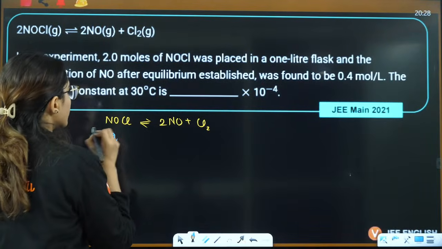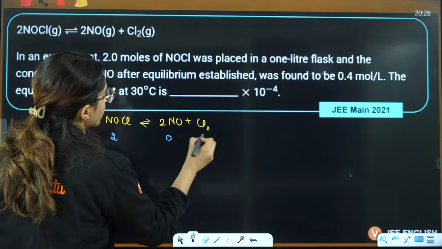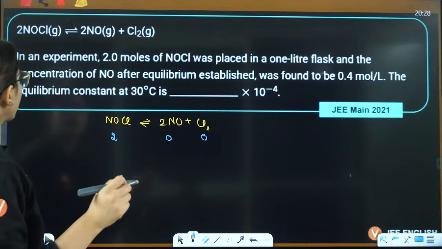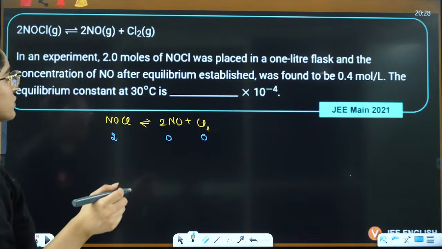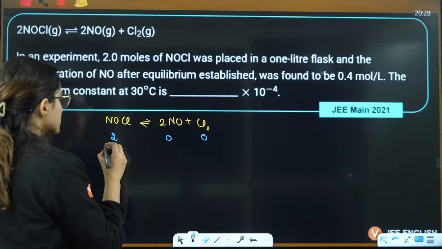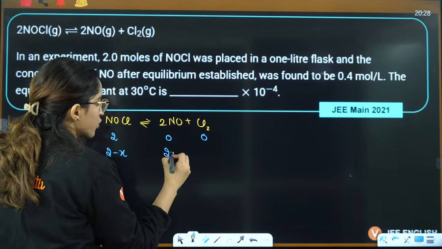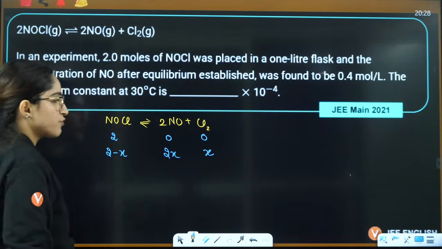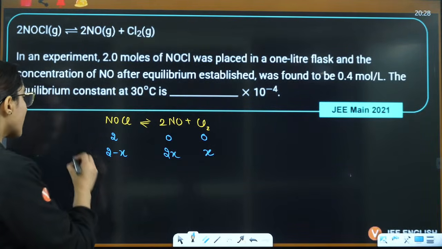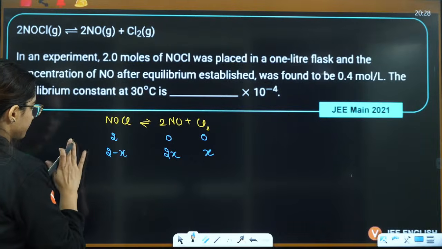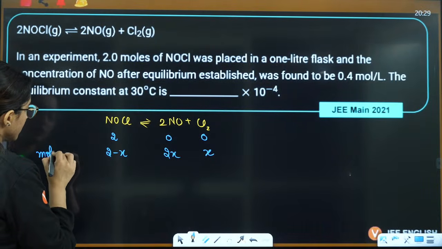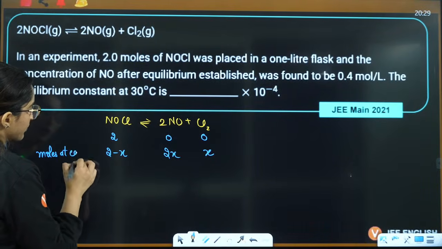So here initially you have 2 moles. This was 0 and this was 0. The concentration of NO after equilibrium was found to be this. Okay. So this is 2 minus x, that is stoichiometry. This will be 2x and this will be x amount is formed. Right? And these are the moles at equilibrium.